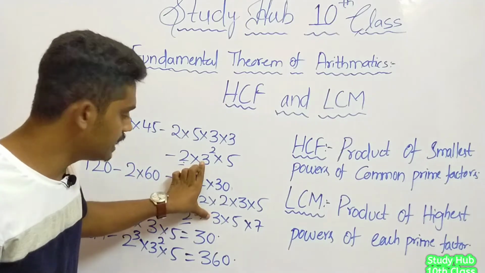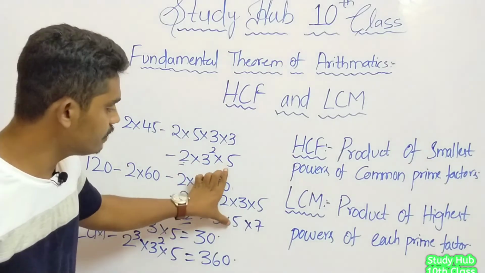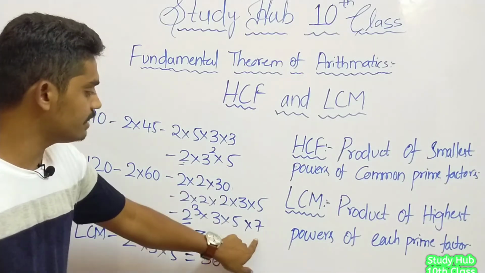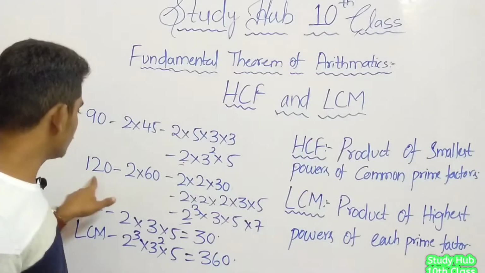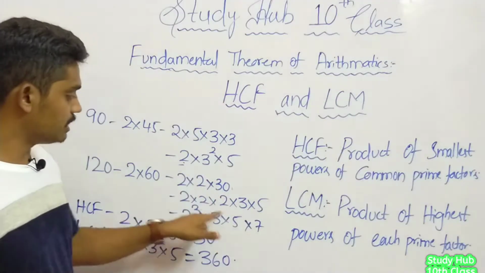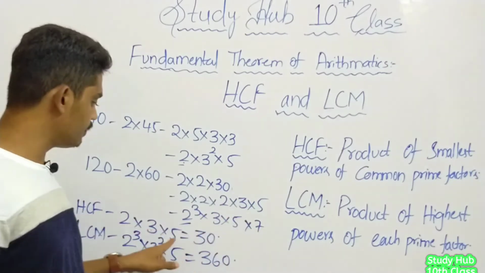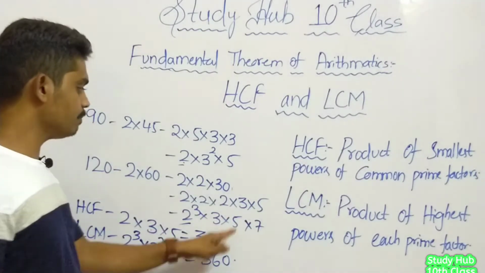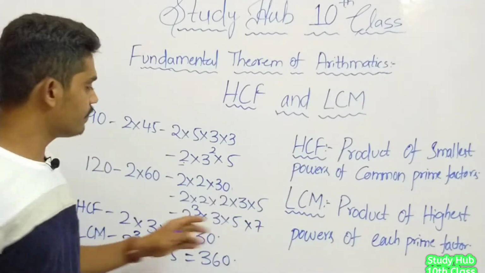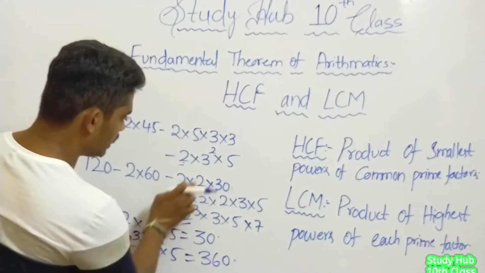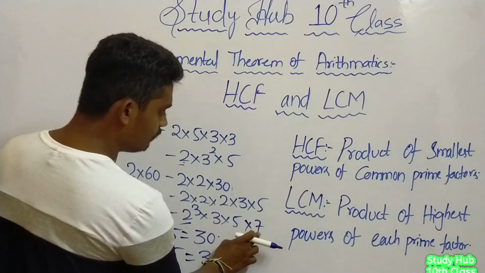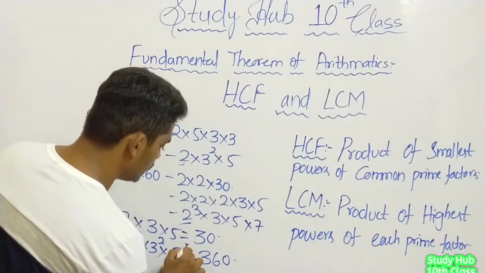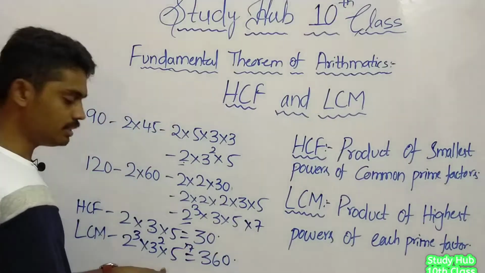We will take 3 because 3 is common. 5 we will take because 5 is common. And 7 we don't take for HCF because 7 is present only in here. Not here. So 7 we don't take. But when it comes to LCM, we need to take all the prime factors. So 2 we have taken 2, 3 we have taken 3, 5 we have taken 5, and for this 7 we also take 7 here. Okay, friends.